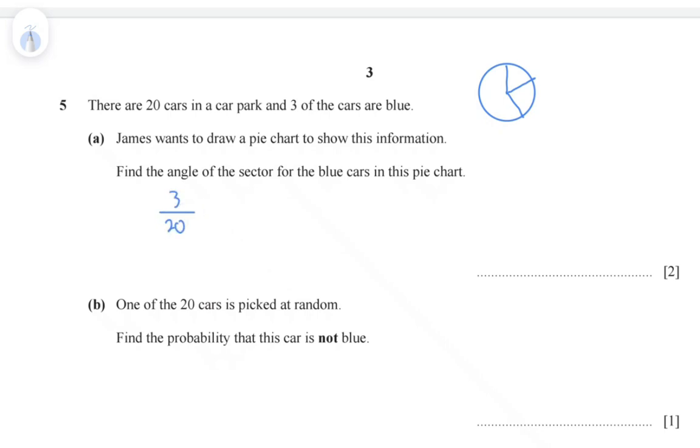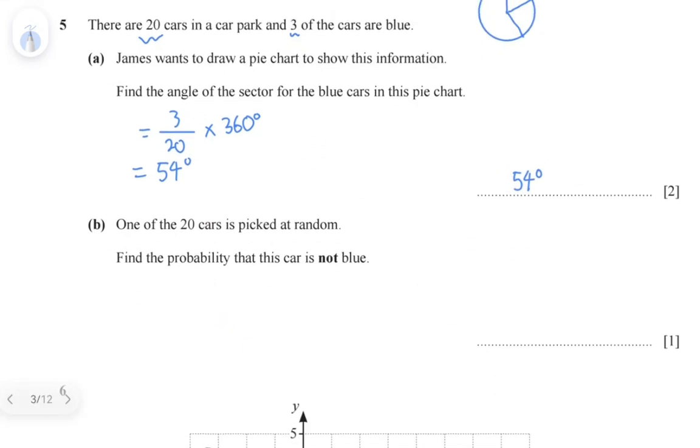We know that the fraction of cars that are blue is 3 out of the total 20 cars, and we can multiply that by the total 360 degrees, which will give us an answer of 54 degrees. So 54 degrees is 3/20ths of 360 degrees.